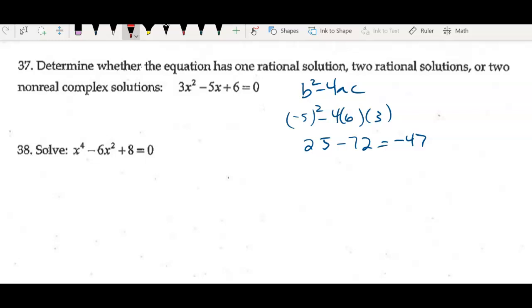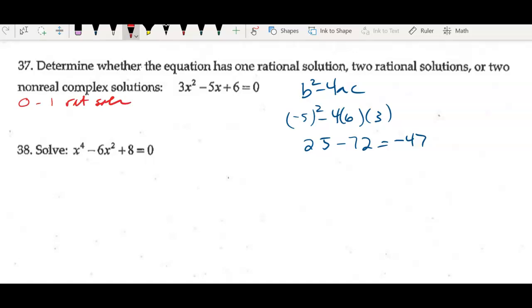Remember, when you're dealing with the discriminant, a couple things can happen. If your discriminant equals 0, you get one rational solution.